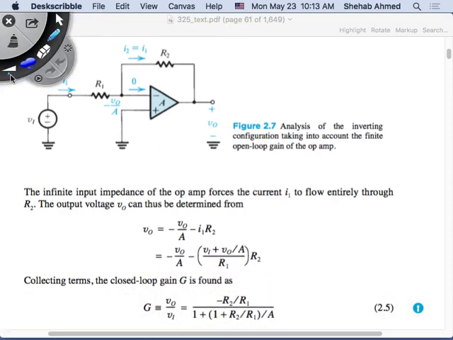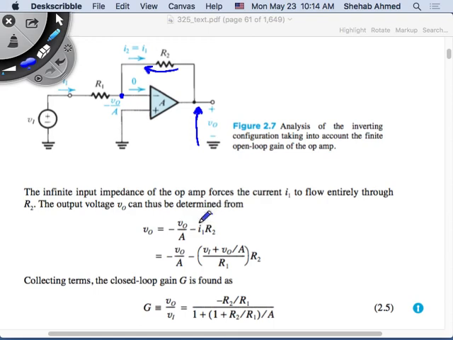Sorry, in this book here, in the textbook. So V output is equal to this voltage, with current flowing here, so the voltage drop is in the opposite direction. So this voltage minus this drop is going to equal V output. So minus V naught over A, minus the drop across this resistor, is equal to V output.